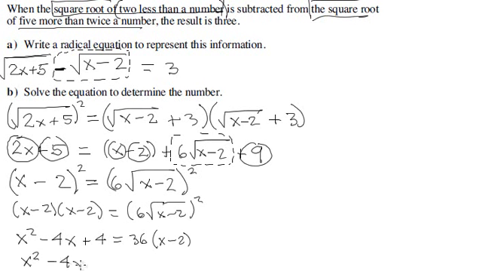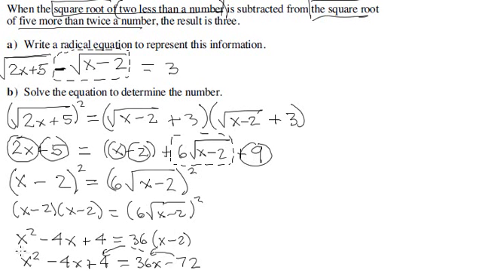X squared minus 4x plus 4 equals, this 36 distributes, so you get 36x, and then you get 36 times negative 2, which makes negative 72. And finally, almost there, take both of these to the left-hand side. Because this is a quadratic, we want it to equal 0 so that we have the zero product theorem to help us.